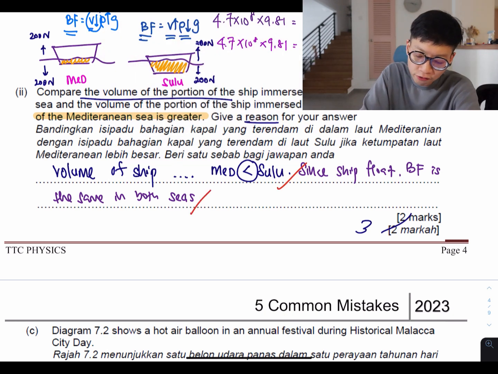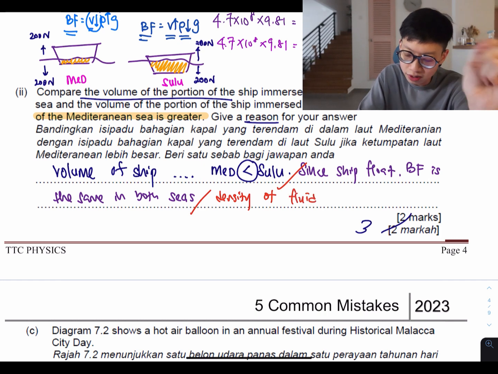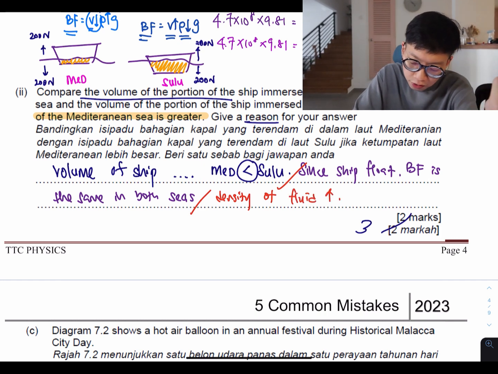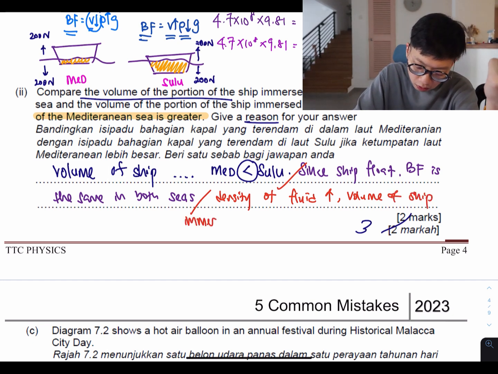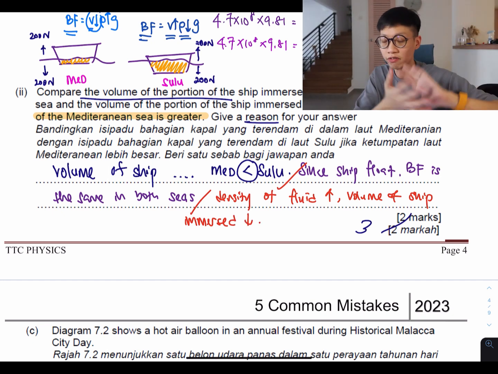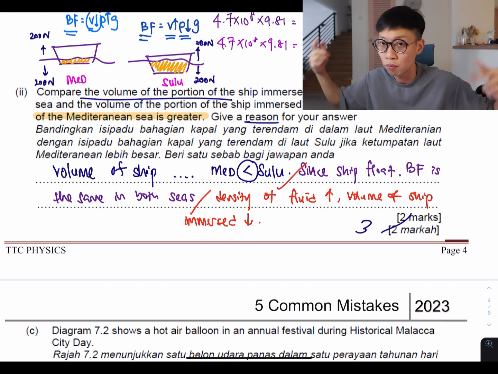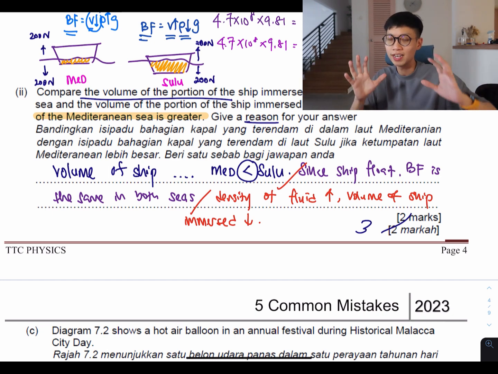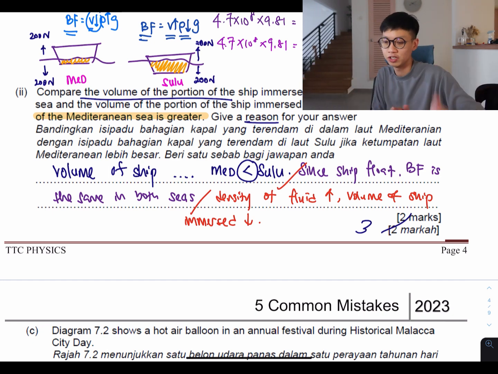Then we can say, as the density of the fluid, in this case the sea, increases, automatically the volume of ship immersed will decrease. Meaning the higher the density, the lower the volume submerged to produce the same buoyant force. Understand, right? Okay, so this is the theory part for ships.